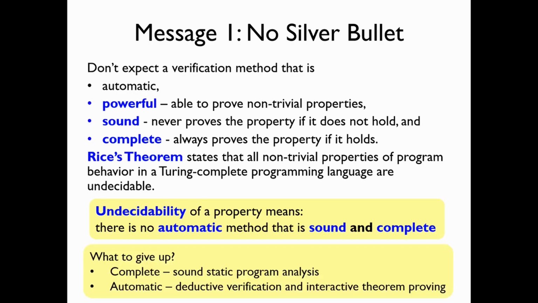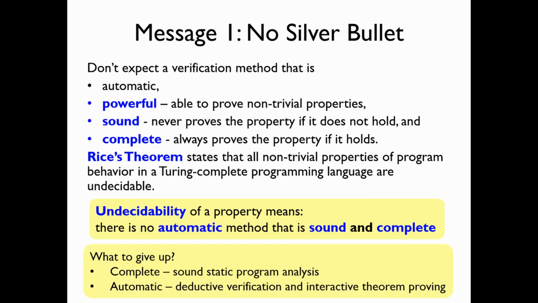In brief, Rice's theorem tells us that our wish list for a verification method given above is too long. We can't have all of it, automatic, powerful, sound, and complete at the same time. The question is, what should we erase from our wish list?